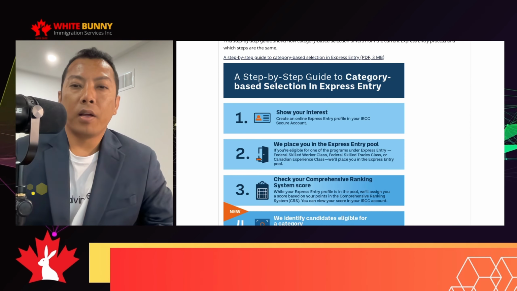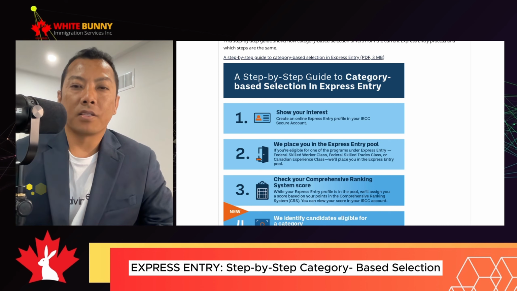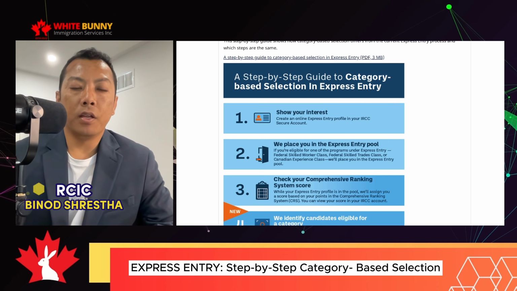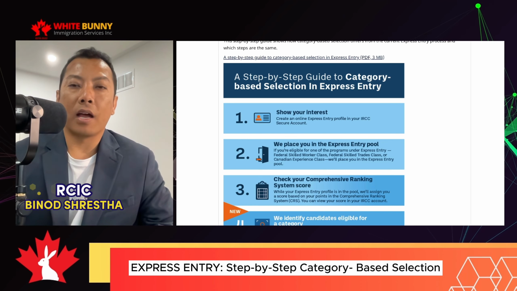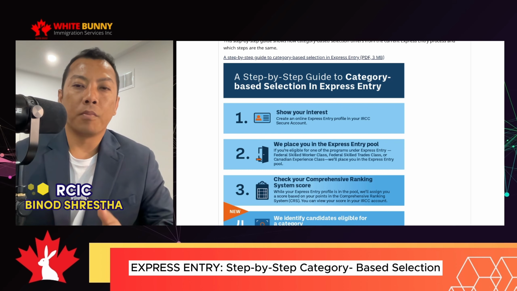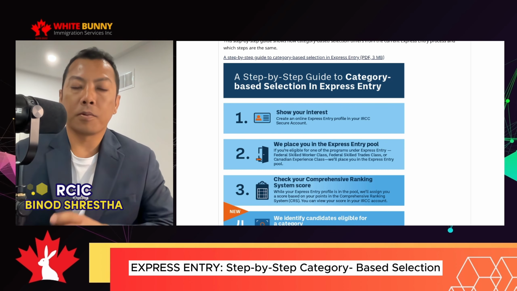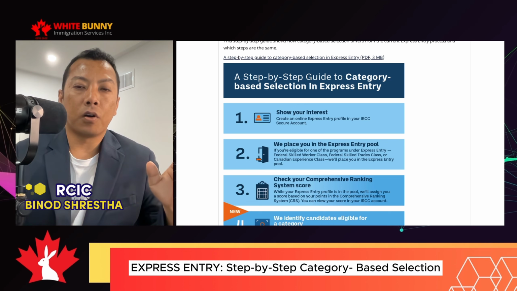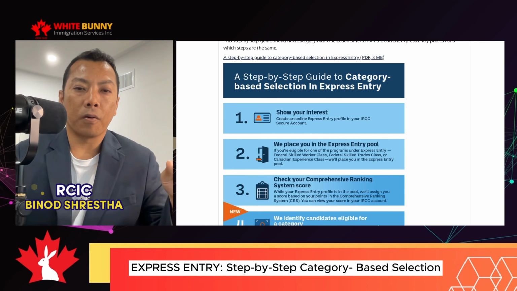Find a step-by-step guide to category-based selection in Express Entry here on the page. You can see there is a PDF as well. You can download and read that in detail if you want to know more about how this category-based selection in Express Entry works.